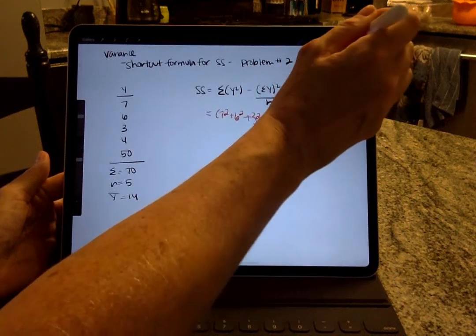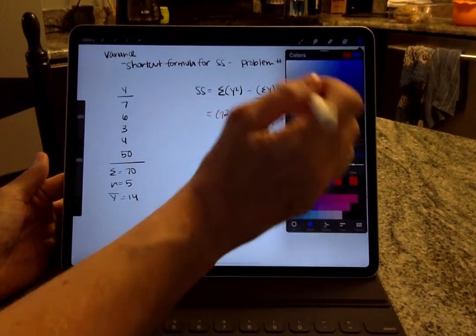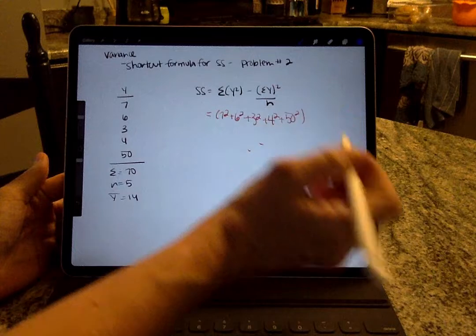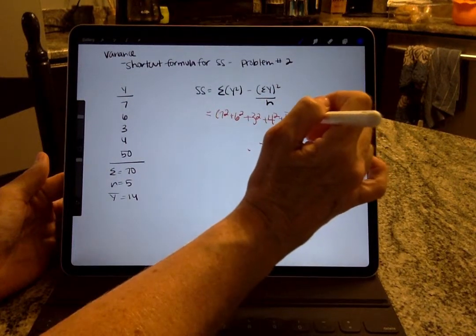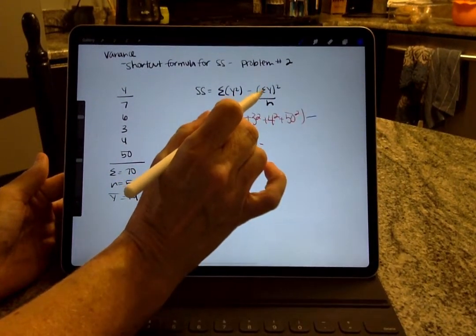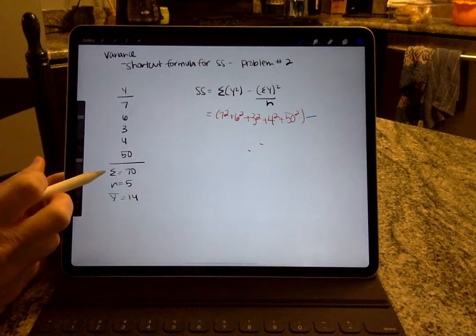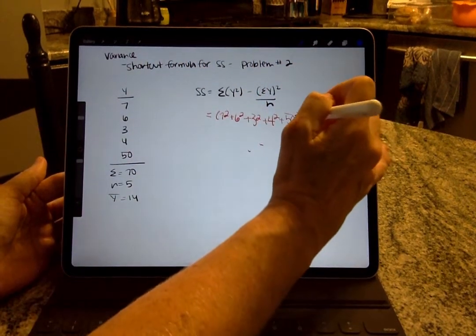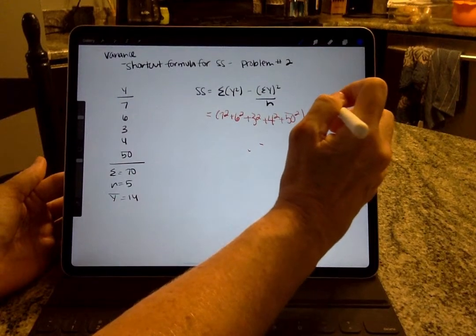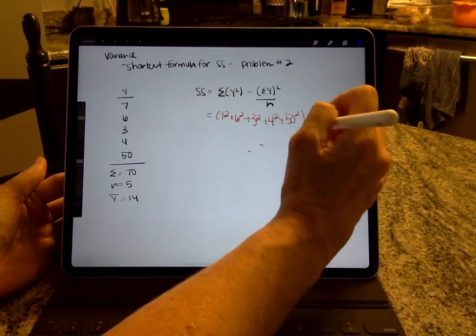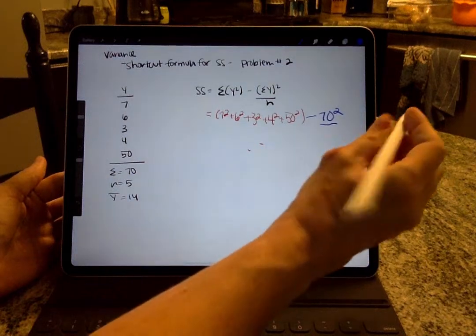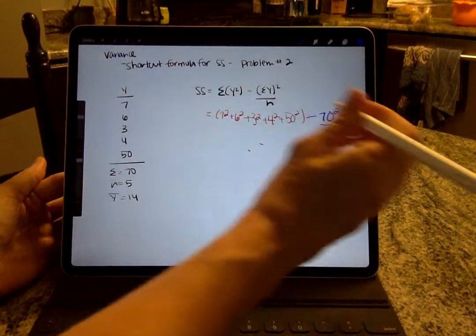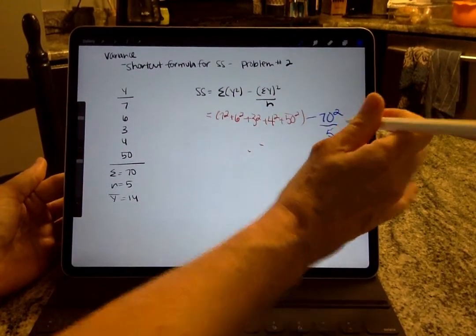Then for the second piece, I'm going to change a color here. For the second piece of this problem, we are going to subtract the sum of the y's, which we already calculated here. It's 70, right? The sum of the y's is 70. We're going to take the sum of the y's, square that, and divide it by n, which is 5.